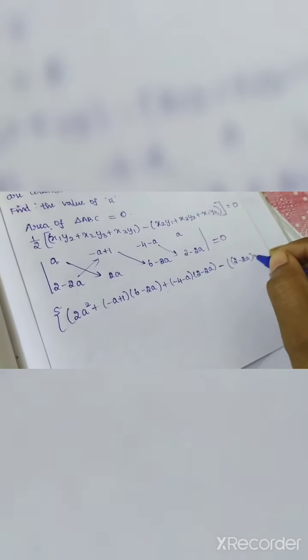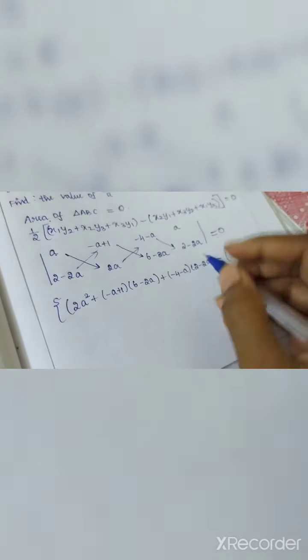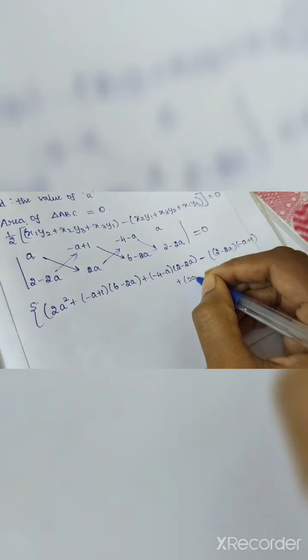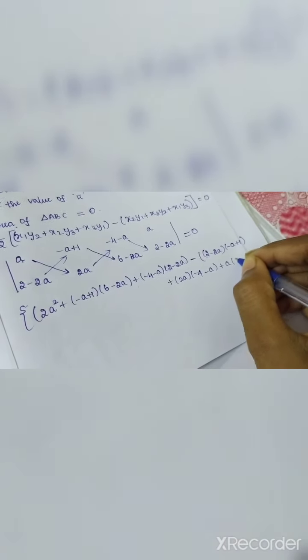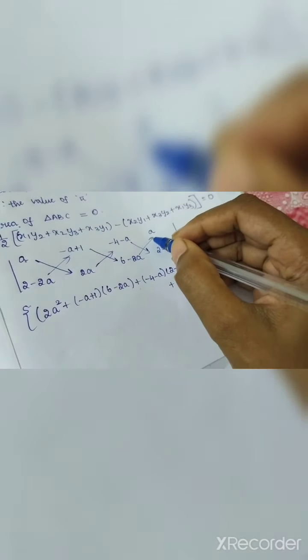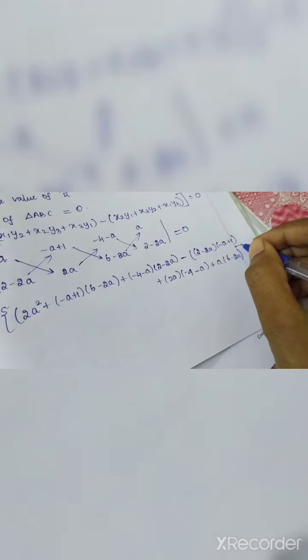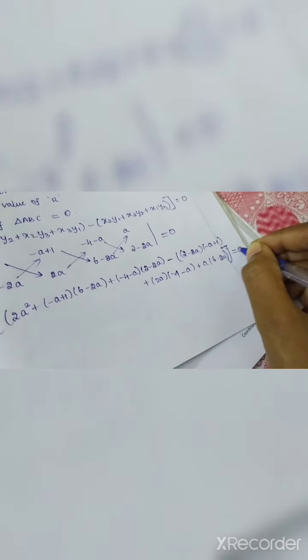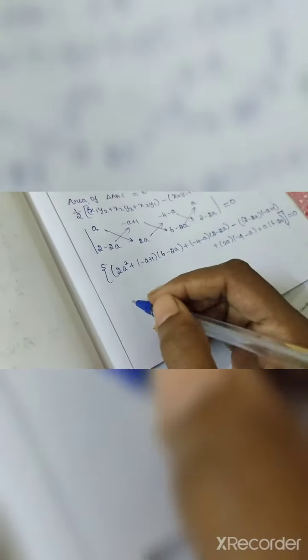So how I am writing, you can understand what will happen in this case. 2a into minus 4 minus a plus a into 6 minus 2a. This is overall equal to 0 because this 1 by 2 is abolished, that should be vanished.